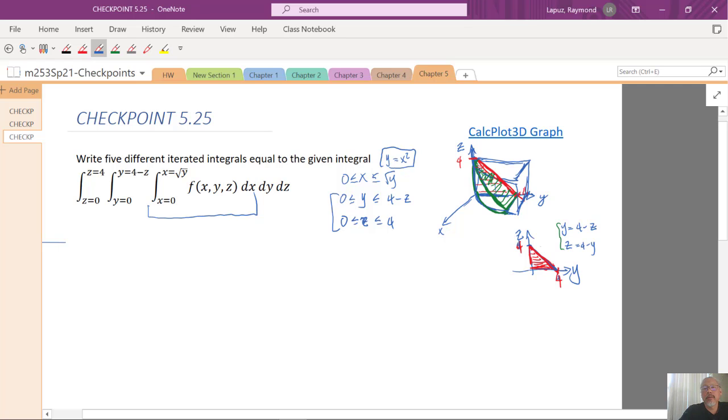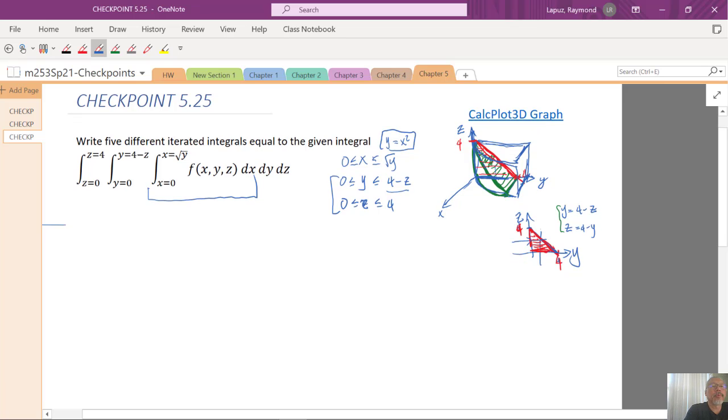We can keep this as a function of x first, and then change the limits to go, instead of going along the y-axis, going from 0 to this function, we can go along the z-axis first.